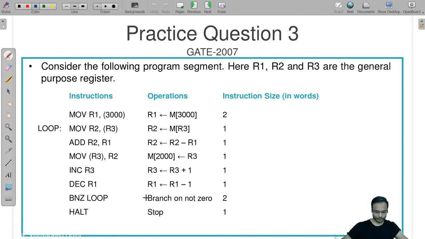What is this now? Branch on not 0. Yesterday I explained that the status register contains the status flag, and based on that we check the condition. But it stores the status of what?